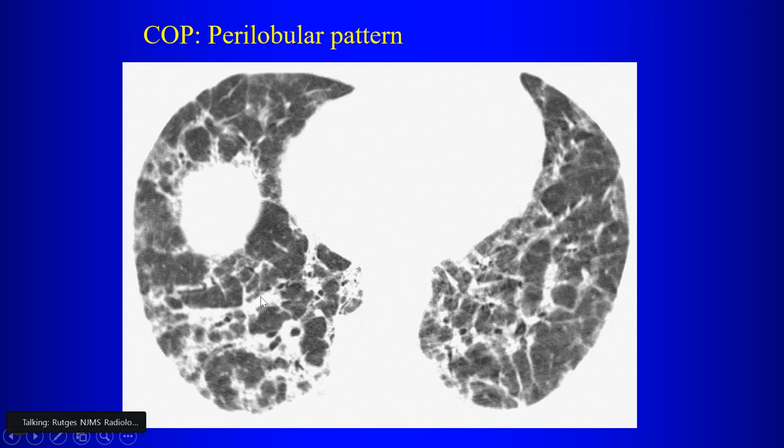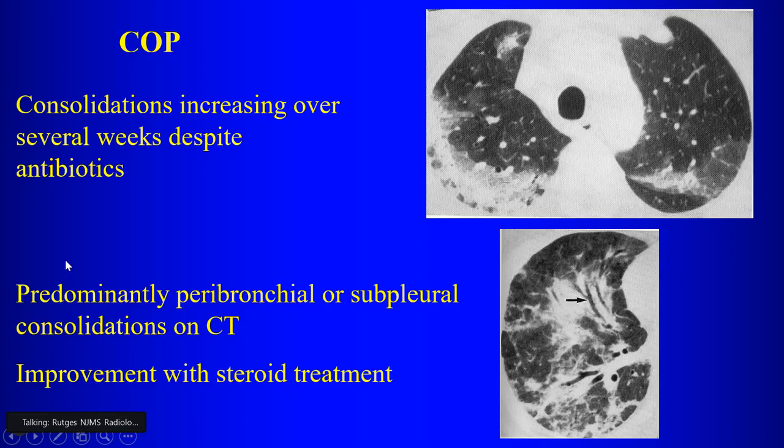It doesn't look like any of those other things, but this perilobular pattern is also described for cryptogenic organizing pneumonia. So consolidations increasing over several weeks despite antibiotics, predominantly parabronchiolar or subpleural consolidations on CT. That's what should make you consider this entity.